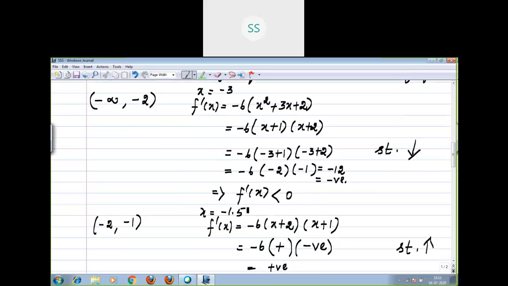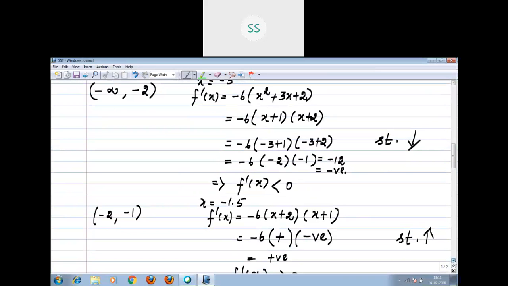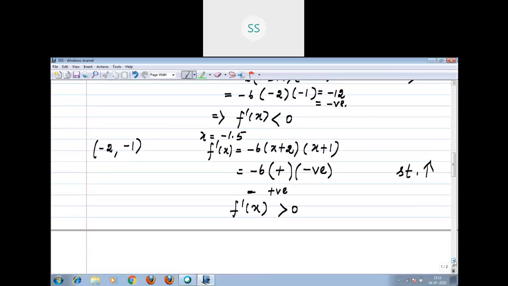When you substitute x as minus 1.5, the first bracket you get as positive, the second bracket you get as negative. Negative into positive, negative; negative into negative, positive. That means f dash of x is greater than 0, strictly increasing.